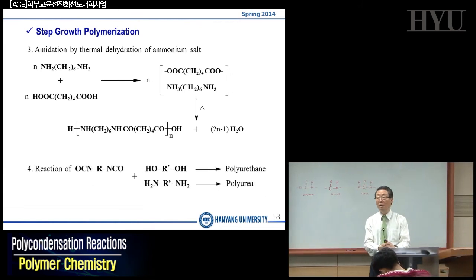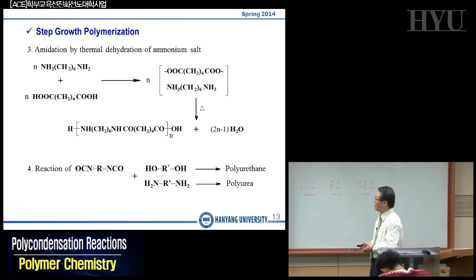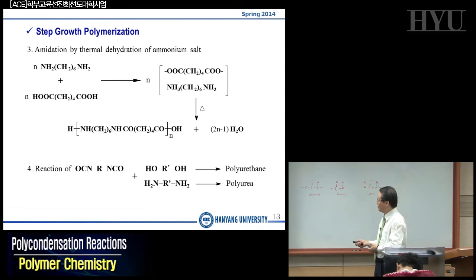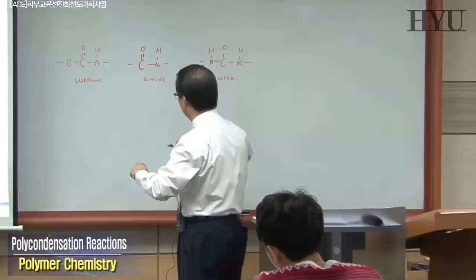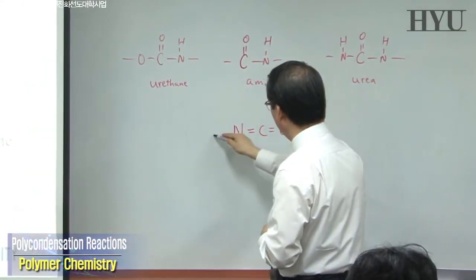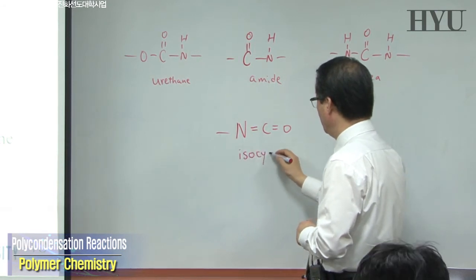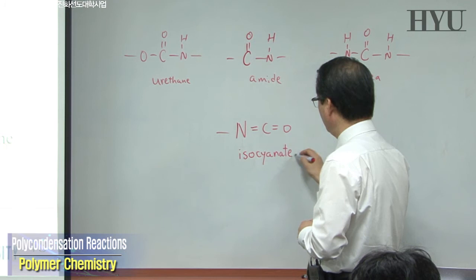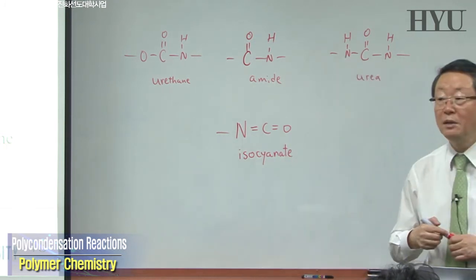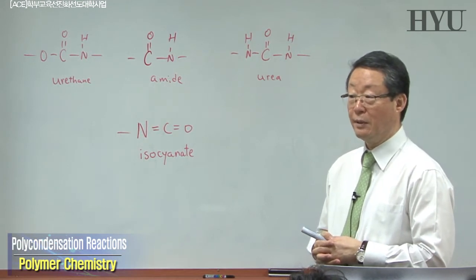The fourth example of the polycondensation reaction, or step-growth polymerization reaction, is polyurethane or polyurea formation. Isocyanate: N double bond C double bond O. This functional group is called isocyanate, and it is also very reactive.